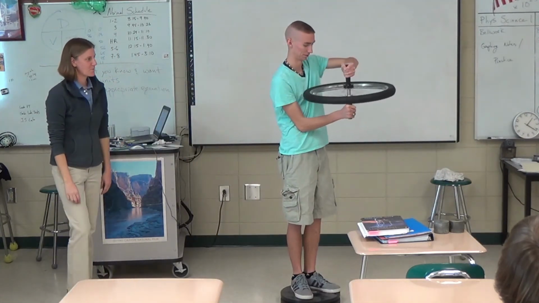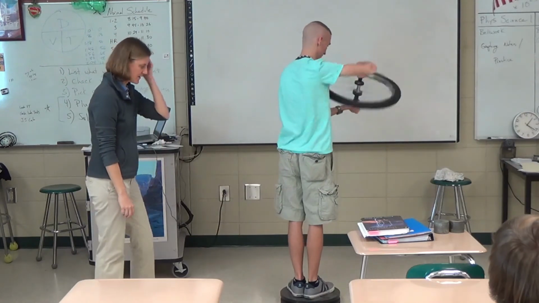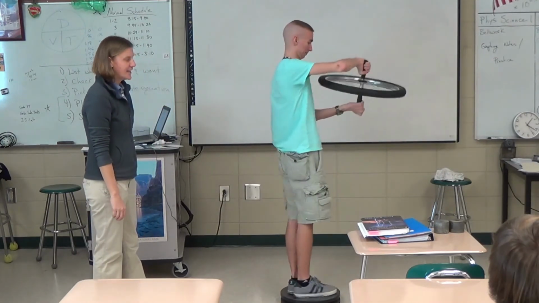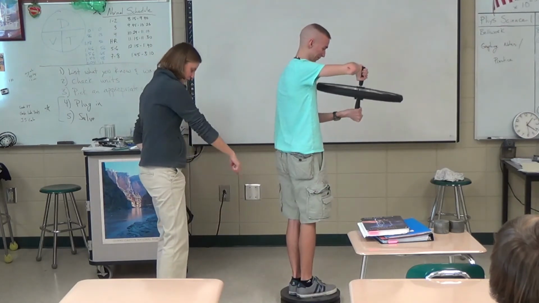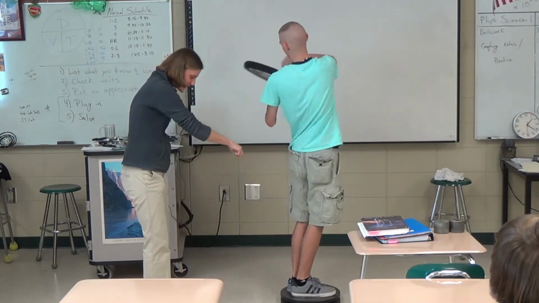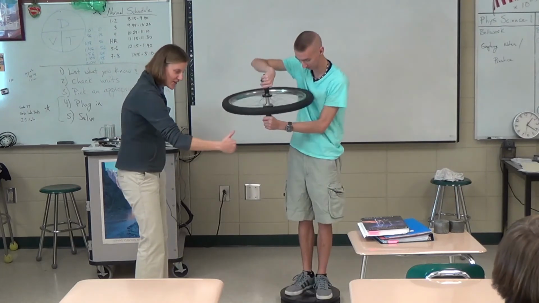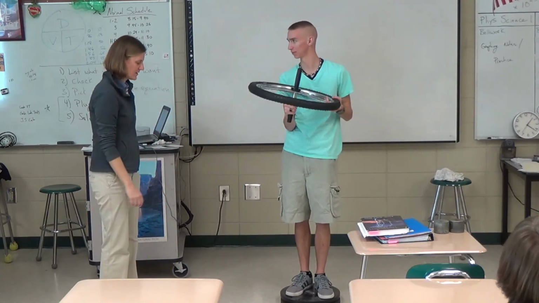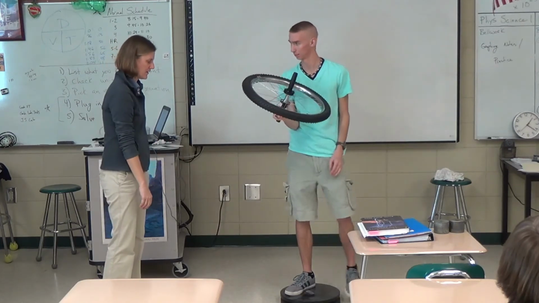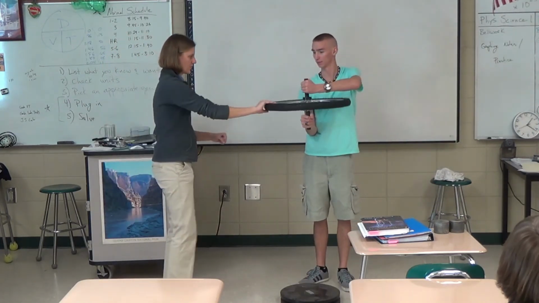Too much friction. But what does happen to Connor when he flips it over? He turns, because we're trying to keep that angular momentum of up. So if you look at Connor's feet, he's kind of going like this with an angular momentum of up. If you step off the platform, and just hold it vertical.